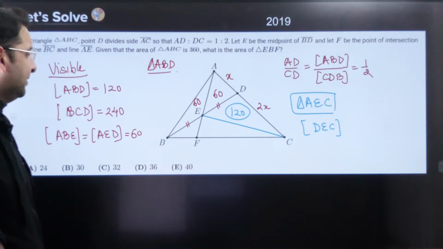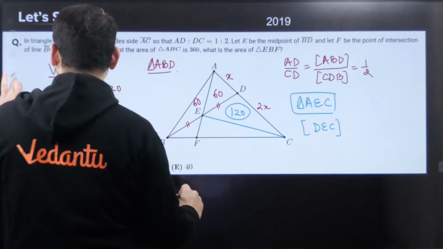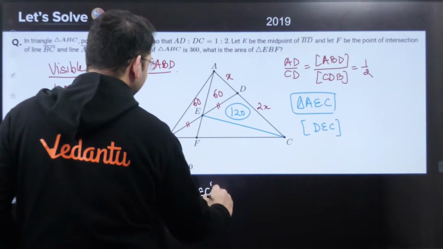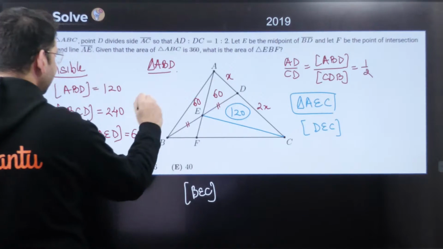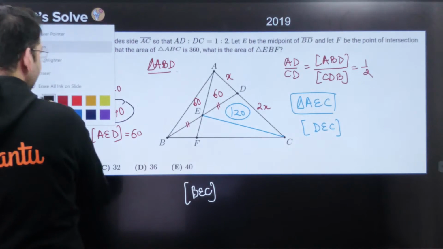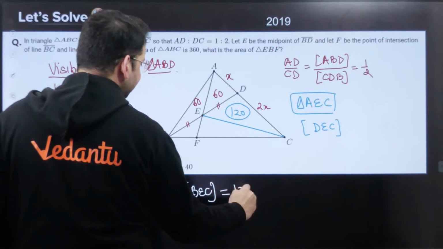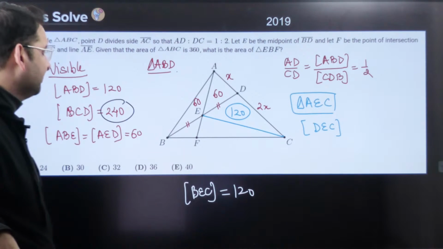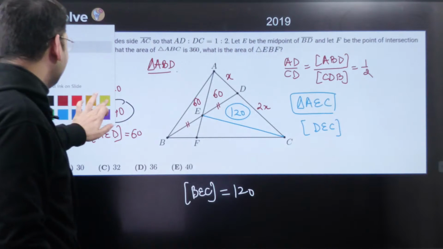Now clearly, if you want to find the area of BEC, the total area of BCD is 240. 120 is gone, so this is clearly 120.